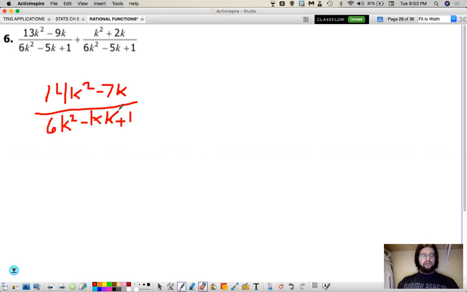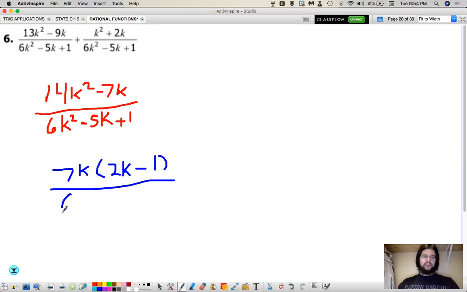Not sure what I was writing there, but that's not what I needed to write. Minus 5k. There we go. Factor. GCF on top, 7k. 2k minus 1.